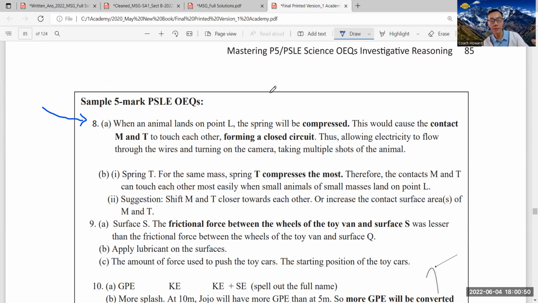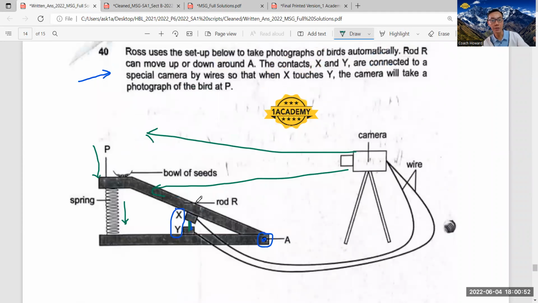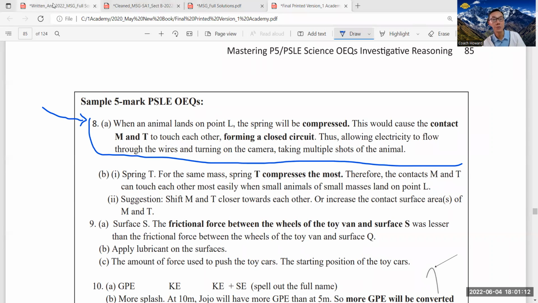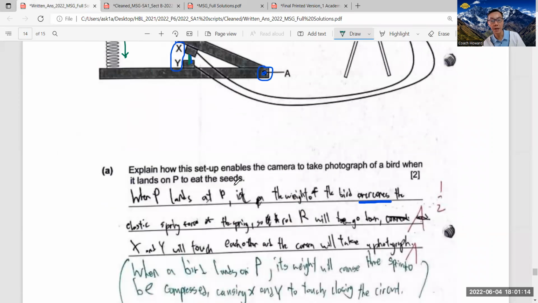This would cause the contacts X and Y to touch each other, forming a closed circuit, thus allowing electricity to flow through the wires, turning on the camera, taking multiple shots of the animal. So this part, I do a screen save. So that's for this part. Explain how the camera works.